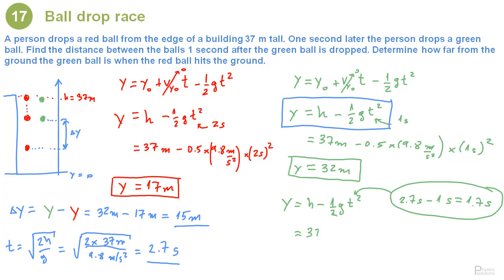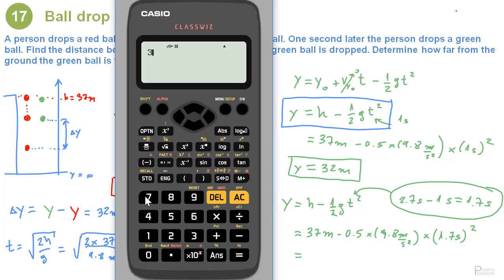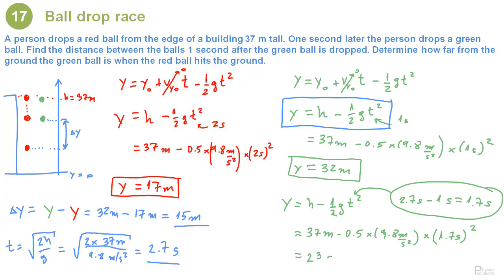We get 37 meters minus 0.5 times 9.8 meters per second squared times the time the green ball has been traveling at this point, which is 1.7 seconds. And this t has to be squared. 37 minus 0.5 times 9.8 times 1.7 squared is 22.8, 23 meters.